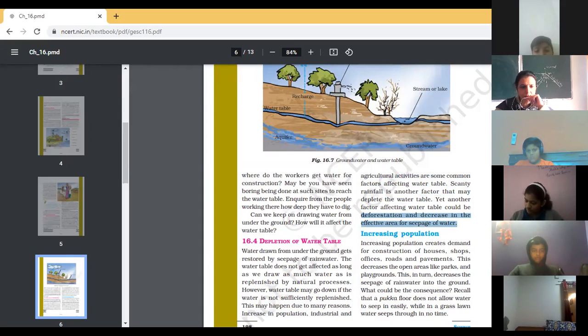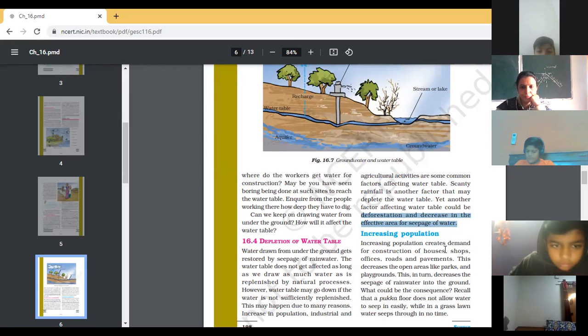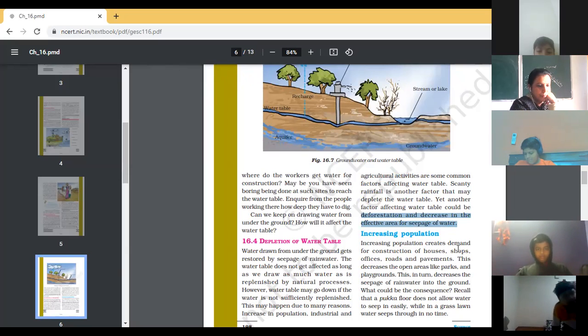Yes, first is increasing population. Yes, Nabil, you may continue. Increasing population creates demand for construction of houses, shops, offices, roads, and pavements. This decreases the open areas like parks and playgrounds.